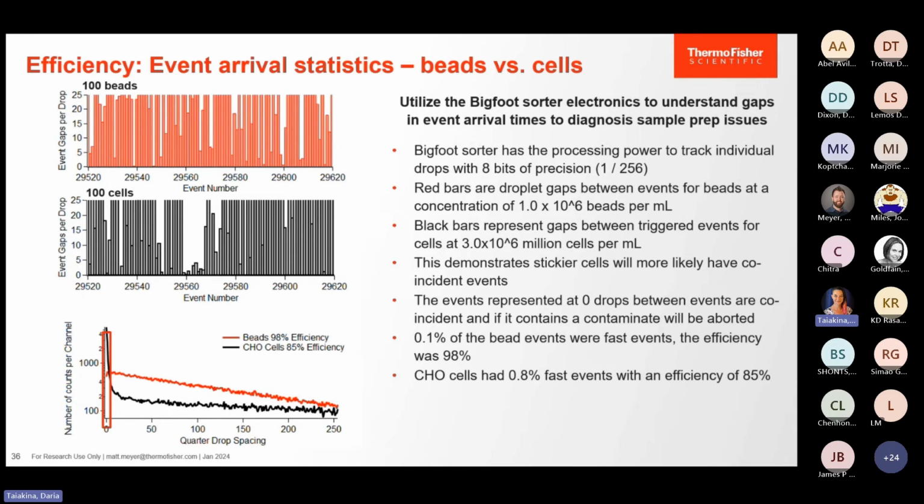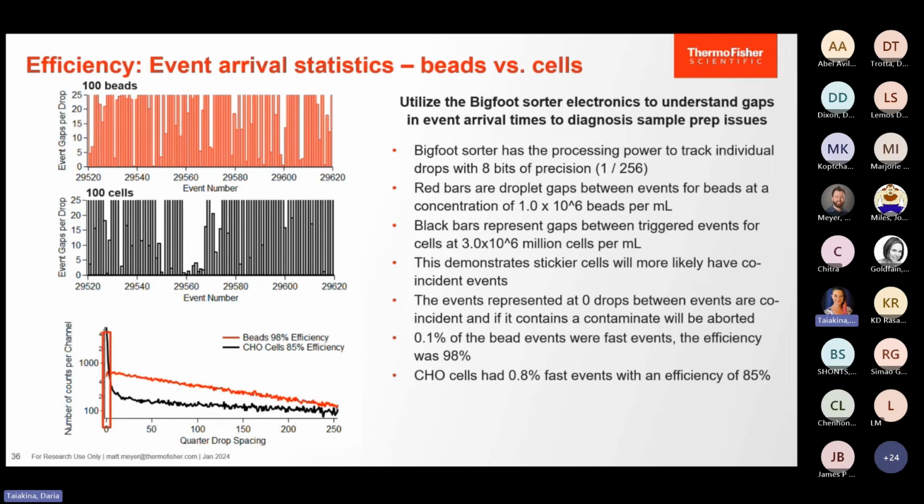We can create, more or less, a statistic that looks at what we term fast events. The Poisson statistics for efficiency do not factor in sample prep. So if you have clumpy, more aggregated samples that are going to produce, say, more doublets, triplets, etc., we can actually look at the arrival times for beads and for cells, and then look at how that impacts efficiency.